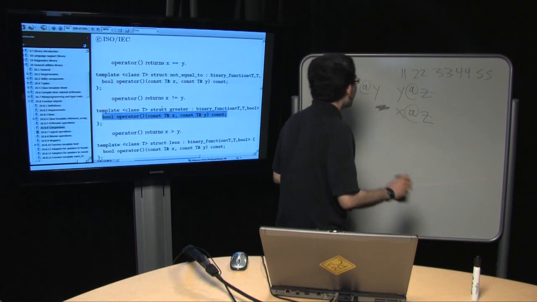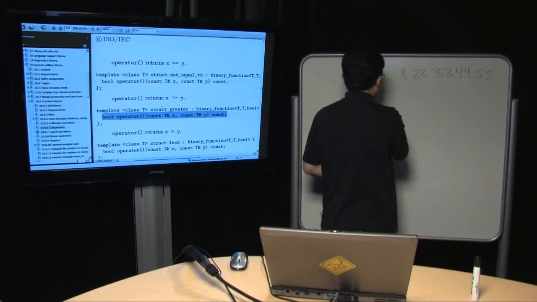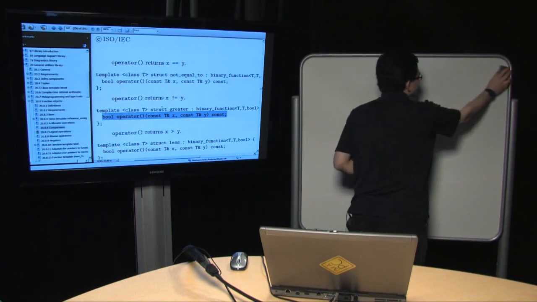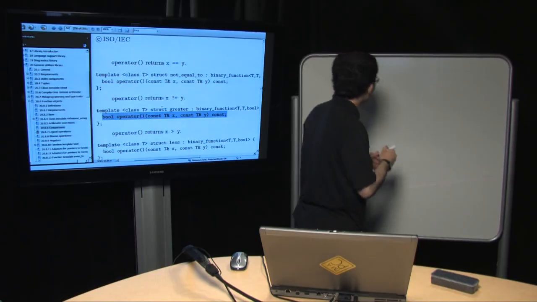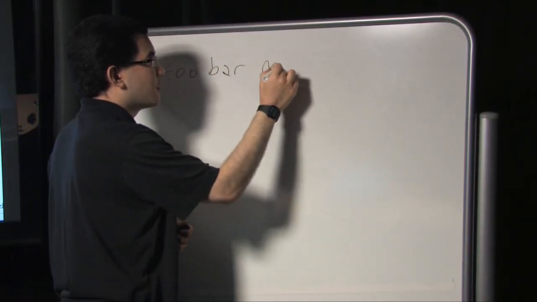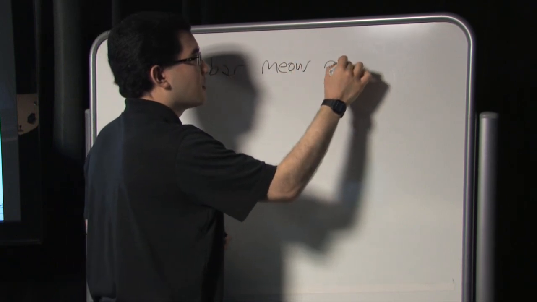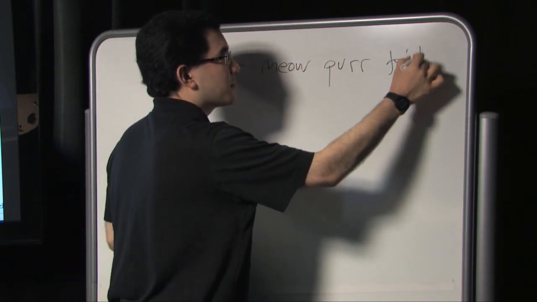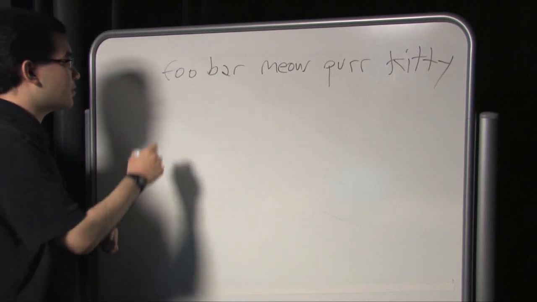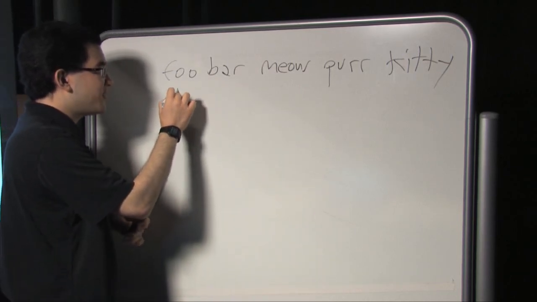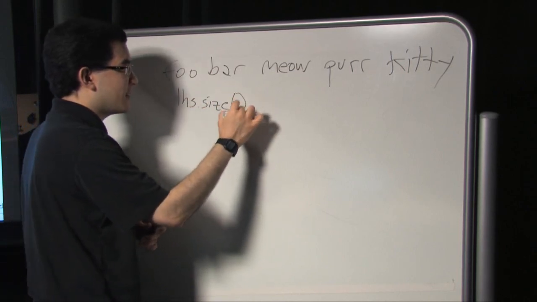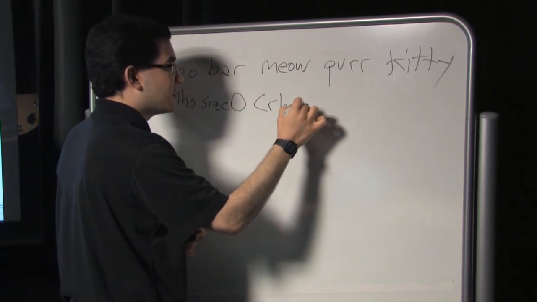Now it's okay to consider some elements as equal, even if they're not really equal. So suppose that I had a bunch of strings: foo, bar, meow, purr, kitty, and I write a comparator that takes two strings and returns whether the left-hand side dot size is less than the right-hand side dot size.